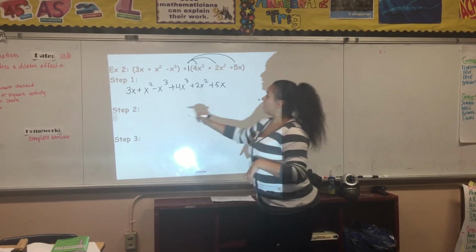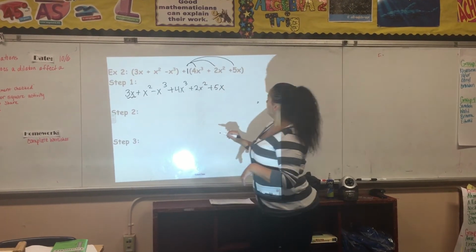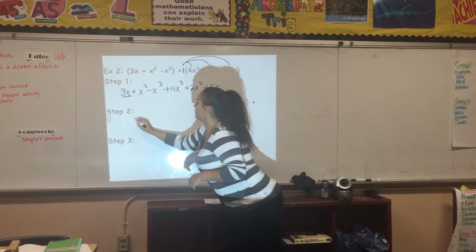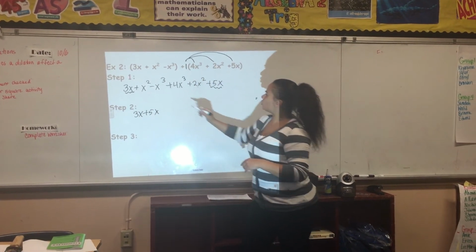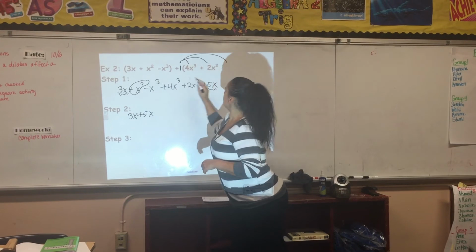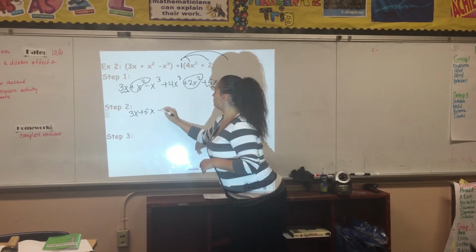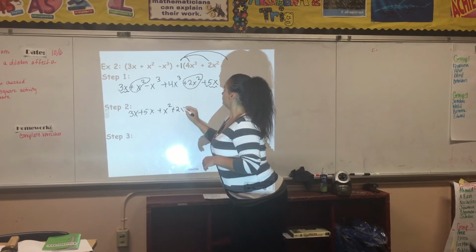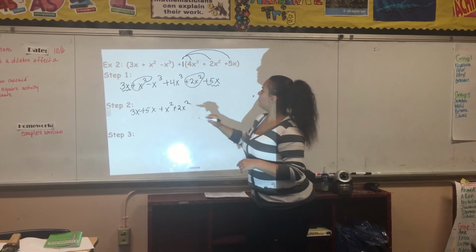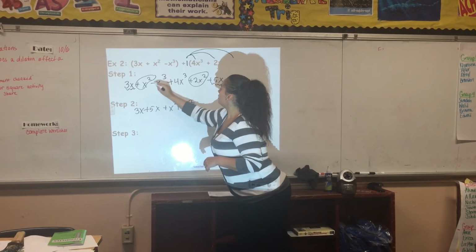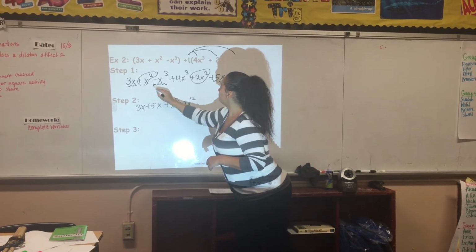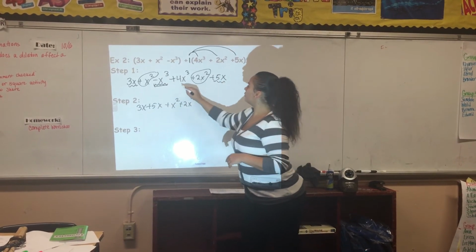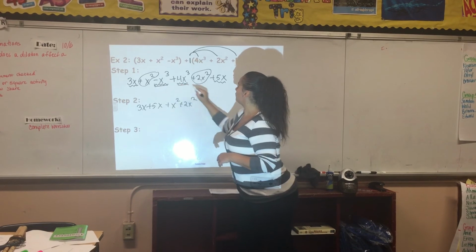So, let's see, we have a 3x and a 5x, so we got 3x plus 5x, x squared with 2x squared, and finally, negative x to the third and positive 4x to the third.